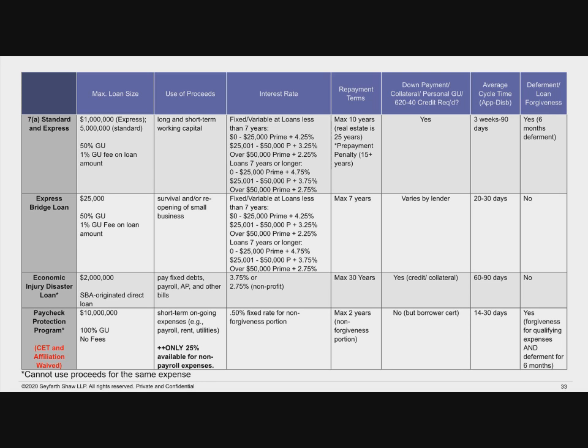And so the decision of whether to use one product or another is more complicated than simple, and certainly more complicated than whether or not the loan can be forgiven, if at all. Alvin, do you want to start us off on the next slide?